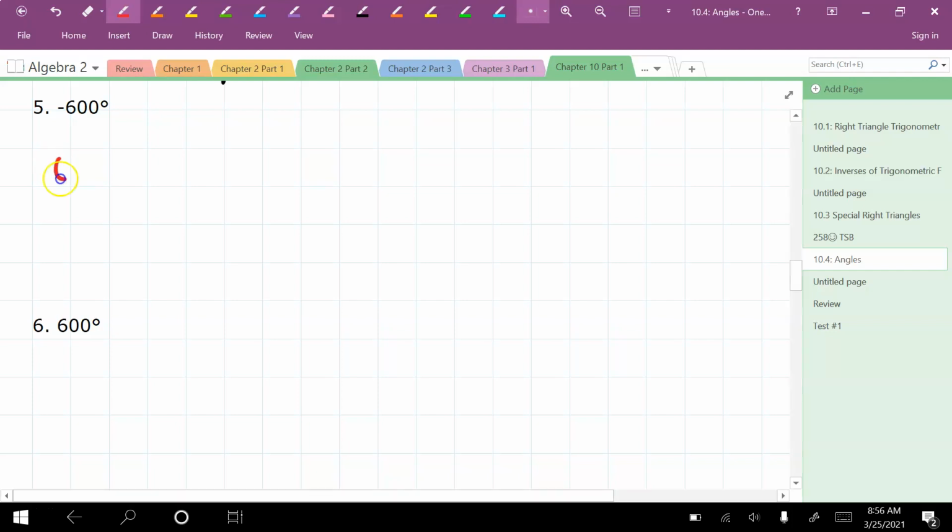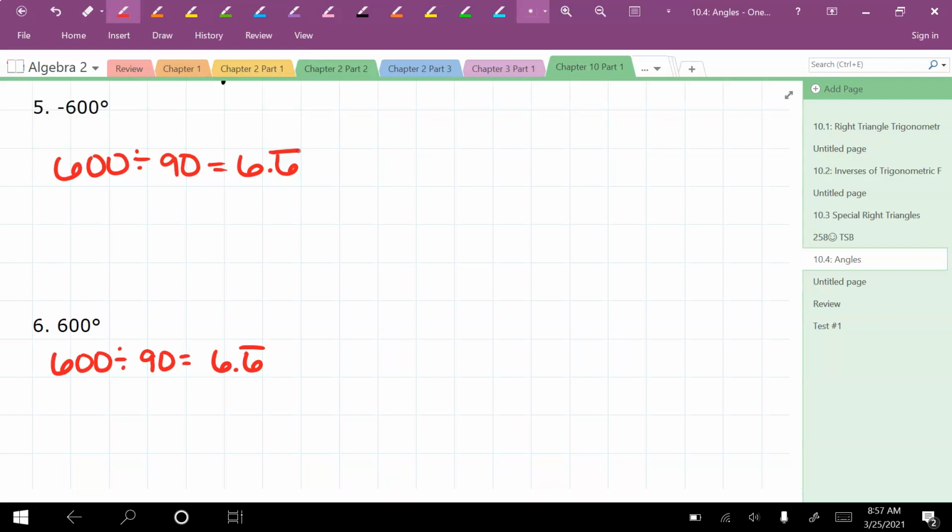So if you took 600 for both of these divided by 90, since they're the same amount, you're just changing the direction that you go in. They both come out to be 6.6 repeating. So that means you're going to go into 6 of those quadrants, and then almost a full quadrant, but not quite, about 2/3 of a quadrant there.